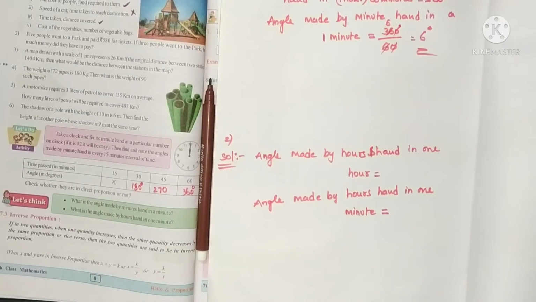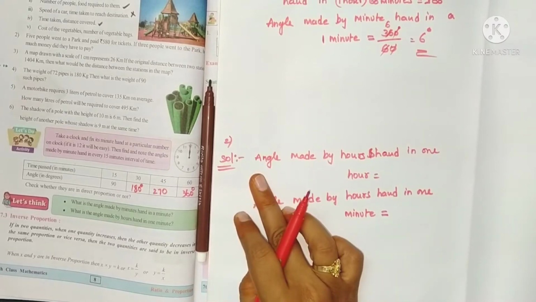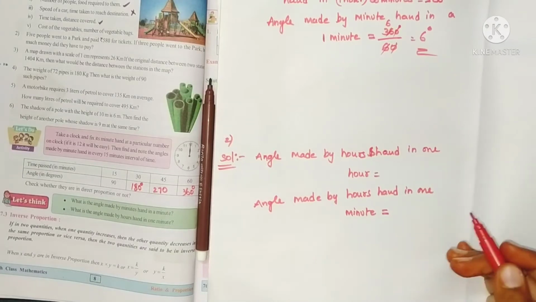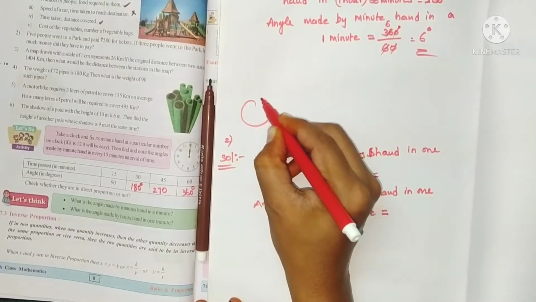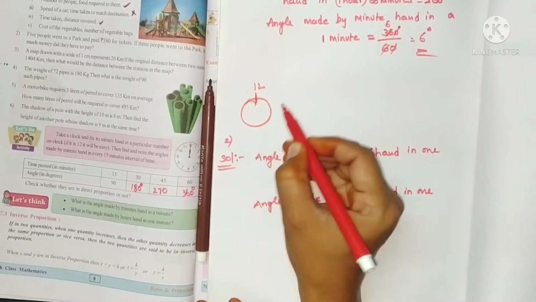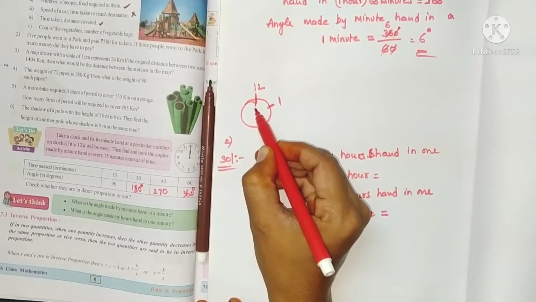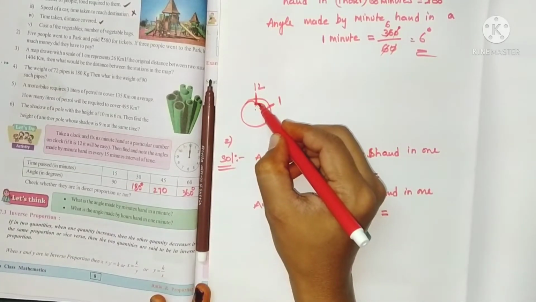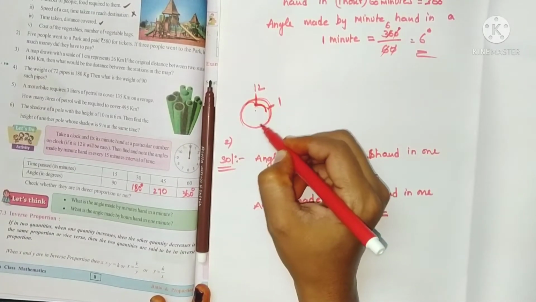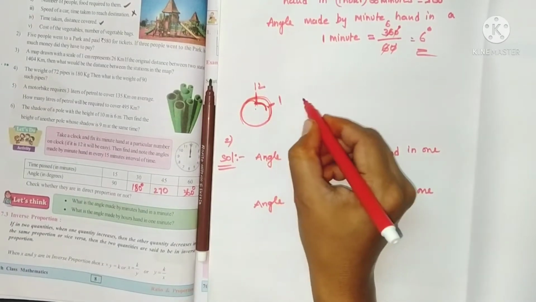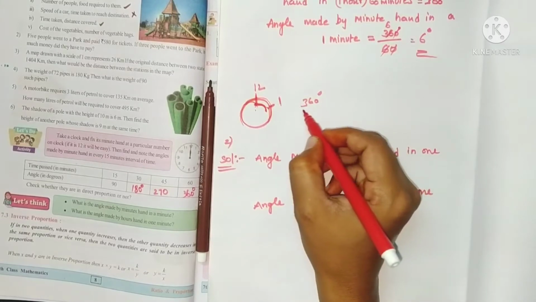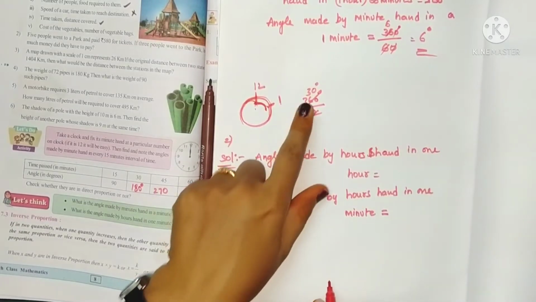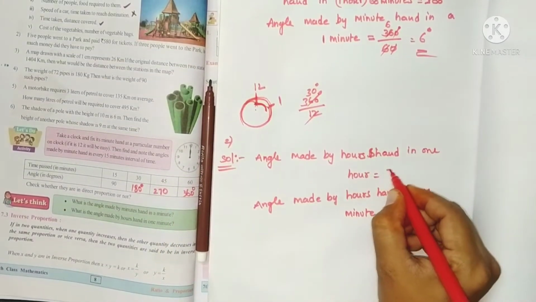We know the angle made by the hour hand in 1 hour. See children, just imagine we have a clock here: 12 and next 1. How much angle does the hour hand make going from here to here? In total, in 12 hours it makes 360 degrees, right? So 1 hour is 360 by 12. 12 threes are 36. So in 1 hour it makes 30 degrees.